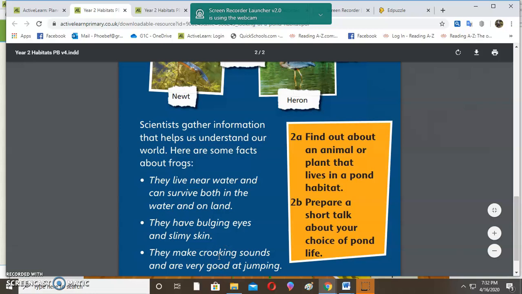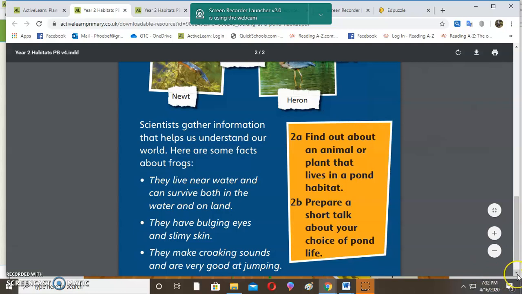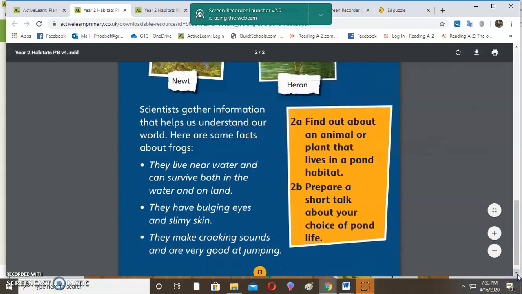When you are near pond areas, especially in the evening, you will hear a frog going korr, korr, korr. So those are facts about frogs.